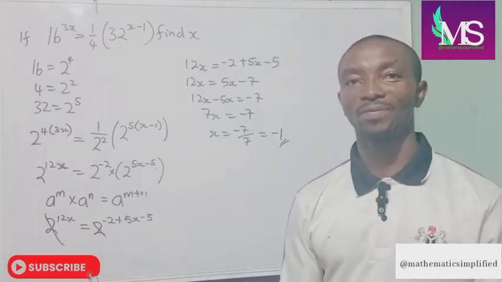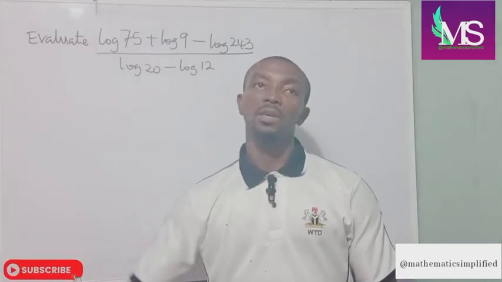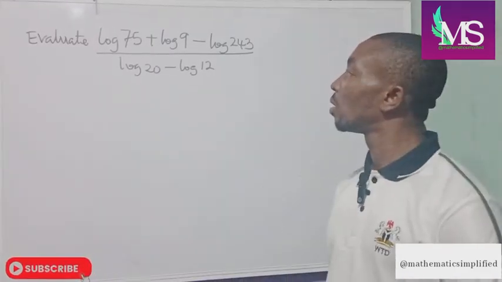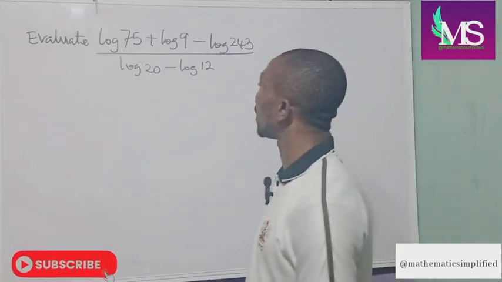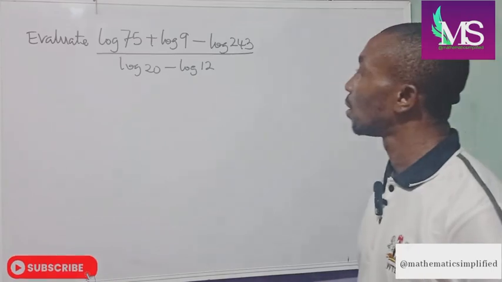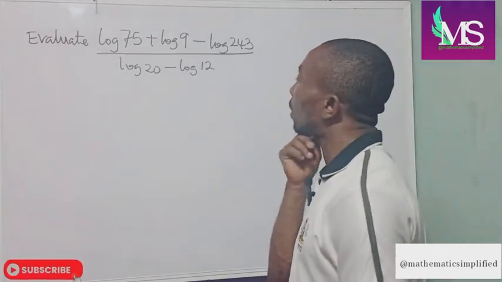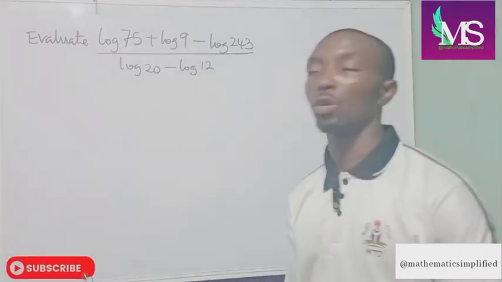Thank you. Our next question says, evaluate (log 75 plus log 9 minus log 243) divided by (log 20 minus log 12).